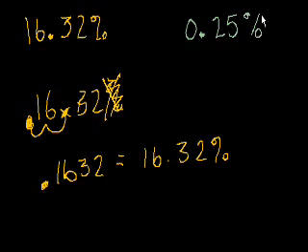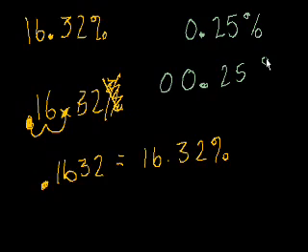So the important thing to remember is, I'll rewrite it here, 0.25, and maybe I'll write a leading 0, and you're probably wondering why I'm doing this, but I think you'll see in a second why I wrote that leading 0 there, even though it doesn't seem to add much. 0.25%. Well, what's the system I just showed you? You get rid of the percent sign, and you move the decimal over 1, 2 spaces.